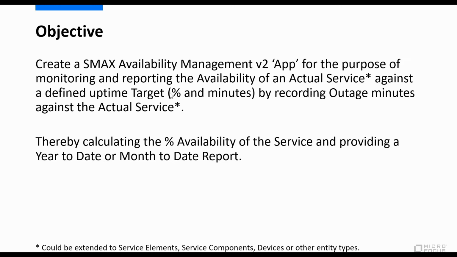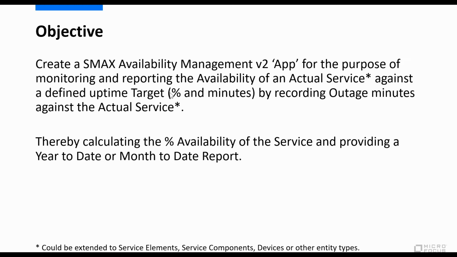And using the feed of outage minutes, I'll talk about the outage record in a few minutes, to actually calculate that. So thereby calculating the availability of the service and providing a year-to-date or month-to-date report. Actually, I've got the flexibility to do it on a daily basis, a weekly basis, a 6-monthly basis as well. So I'll talk about how we went about that.